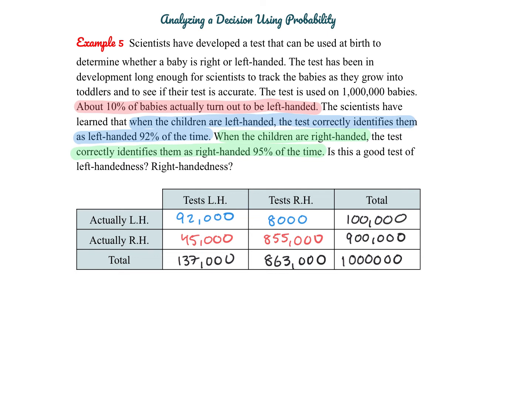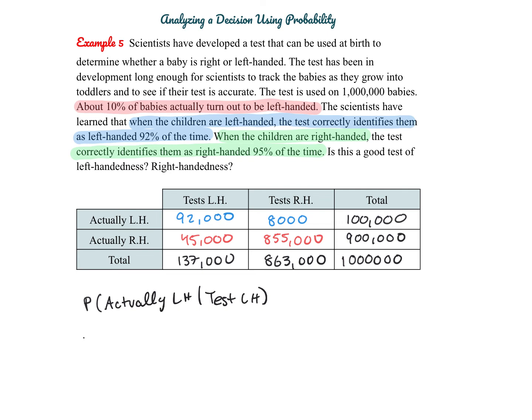To find that, we can find two different conditional probabilities. Again, I want to know if the condition is that my kid tested left-handed, what's the chance that they actually are left-handed? So the probability that they're actually left-handed given that they test left-handed, because that's how you can figure out if the test is accurate.